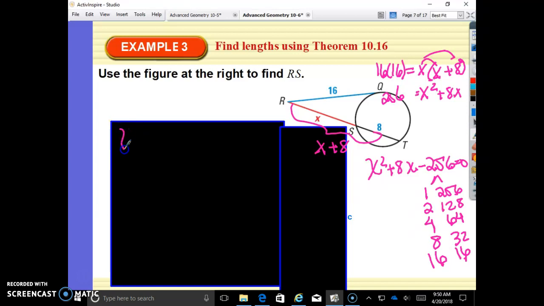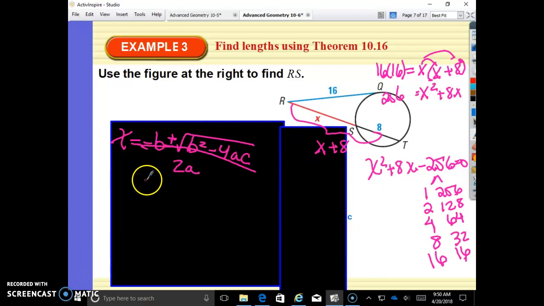And how it goes is x equals negative b plus or minus the square root of b squared minus 4ac all over 2a. So, what is our a?